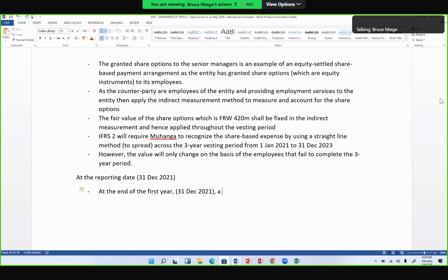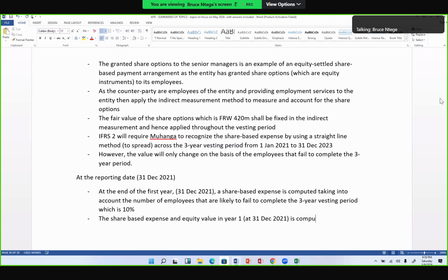The equity value in this year 1, at the end, 31st December 2021, is computed as 420 million, which they give us, but times only the 90% employees that are expected to complete the 3-year period, because they told you that 10% will be expected to leave.